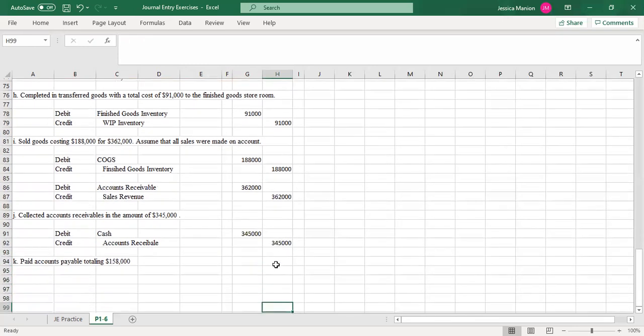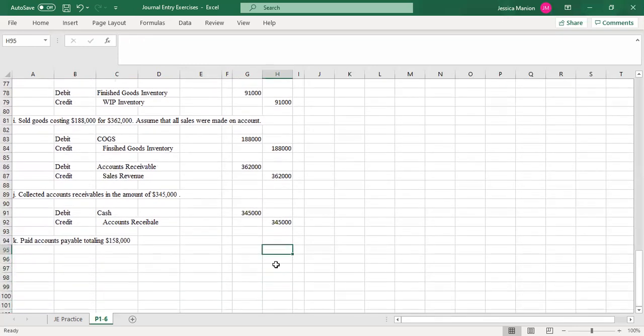And then the last one here, paid accounts payable totaling $158,000. All right, so debit accounts payable. I'm spelling everything wrong. Credit cash.